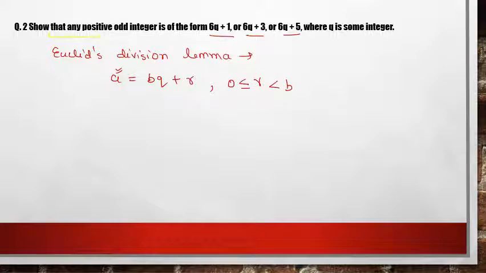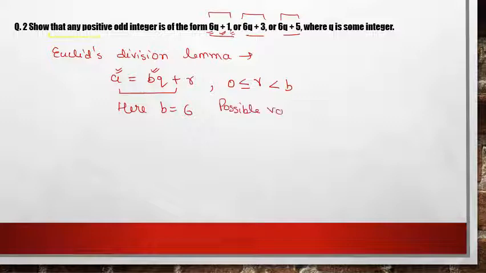Now, if you compare this with this expansion, what is given here is q plus something, and a multiplication. So that means b is 6.